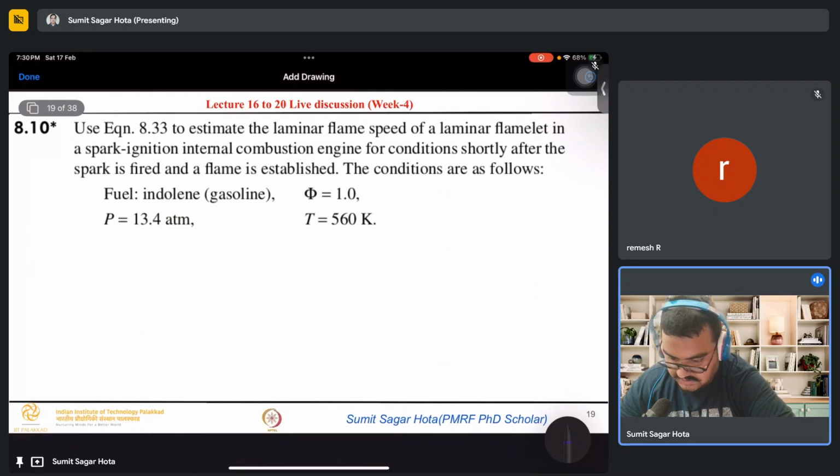We'll quickly go through this question. Some equation they are telling. This is a slightly lengthy question, but it is very good, because two or three questions can be combined together to make this kind of question.